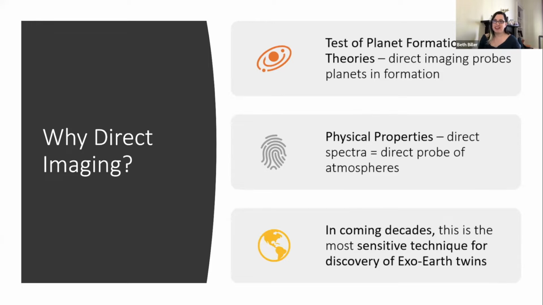So I gave you one example, right? Eventually this is going to be a very key technique for detecting exo-Earth twins, so habitable zone planets around G stars. But in the shorter term, direct imaging provides important tests of planet formation theories. We're mostly imaging younger planets, some that are in the midst of formation, so forming planets obviously gives us direct constraints on how they formed.